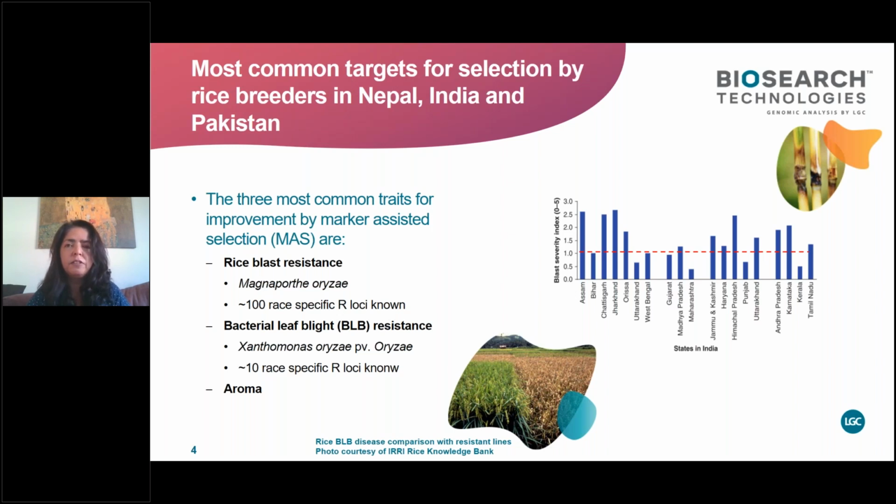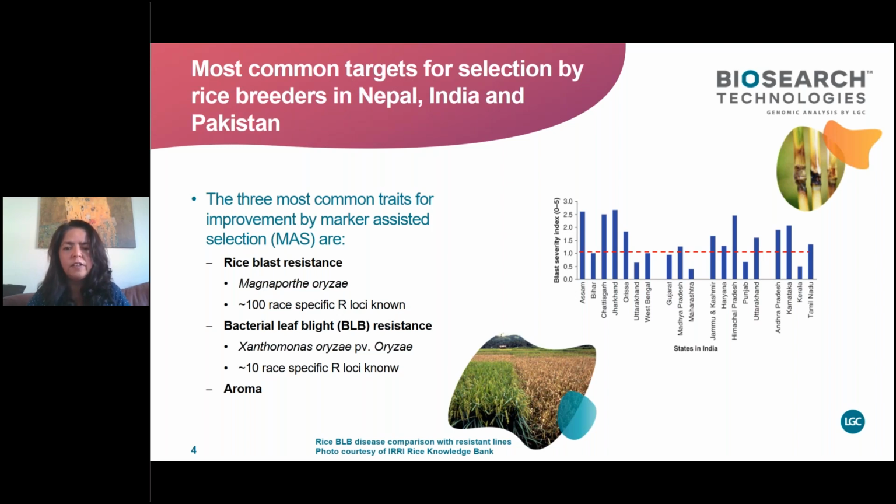Blast is a fungal pathogen which leads to losses of nearly 100%, and it's regarded to be one of the most serious diseases worldwide. It can be treated with chemicals, and up to now there have been nearly 20 R genes that have been cloned and identified, including PI9, PI24, PI25 and PI40.